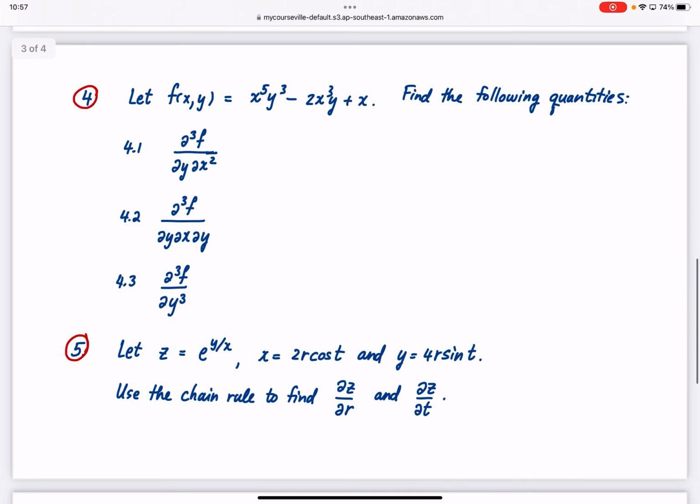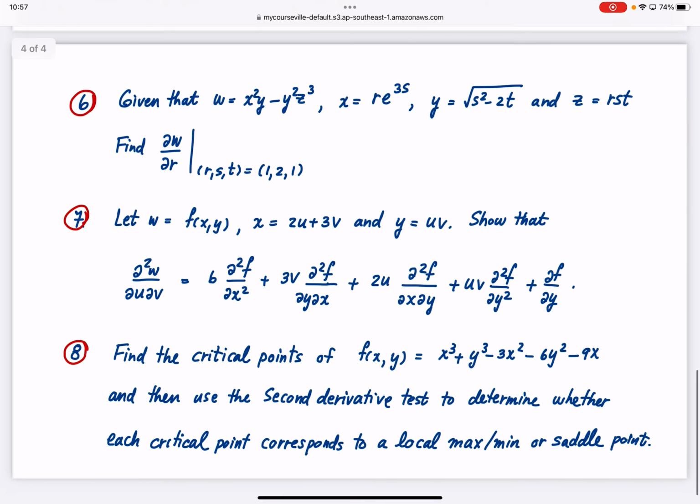Question 4 is about how to take derivatives. I give you a function and then you practice taking derivatives. And then question 5 is practice on the chain rule. So you draw the diagram and then you do the chain rule. The last 3 questions are 6, 7, and 8. Question 6 is still chain rule.